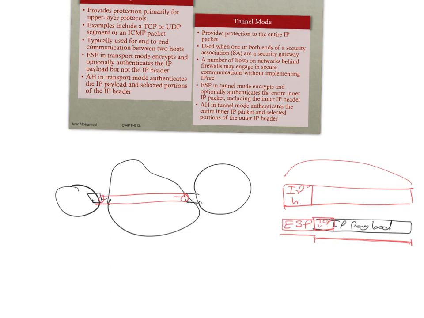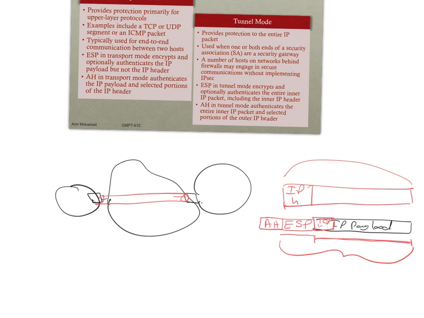So this is in the transport mode, and then optionally, we can add the AH for authentication. When we add AH for authentication, AH will actually authenticate this whole thing, including the ESP header. And what it does is that it creates the MAC for all this part. And by MAC here, we mean that we generate a signature for this whole thing, and then we encrypt the signature using some kind of an authentication key. Is that clear? So that's the transport mode.